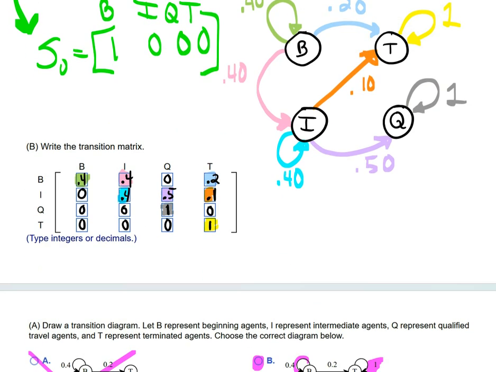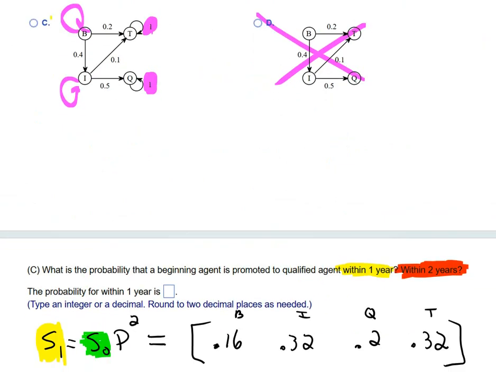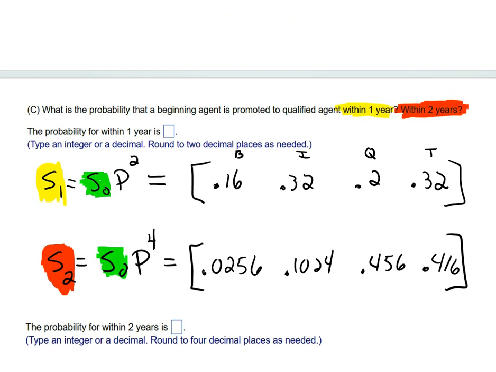So when they ask you about what's the probability within 1 year, 1 year is 2 periods of 6 months. They redo this evaluation every 6 months. So 1 year from now, that's twice, 2 times it's been done.